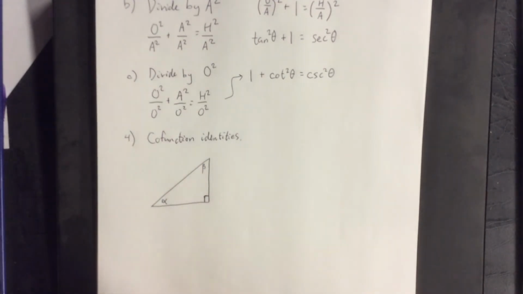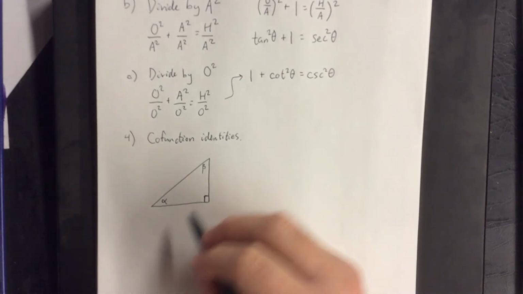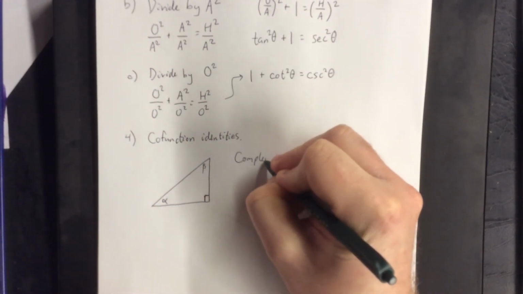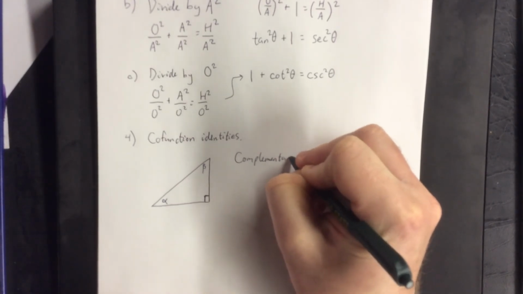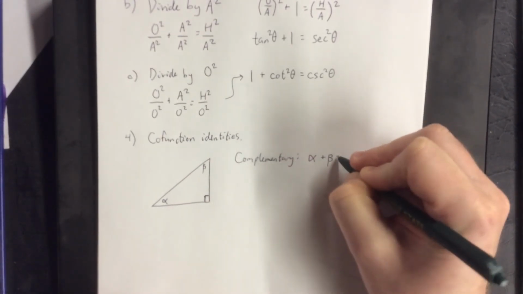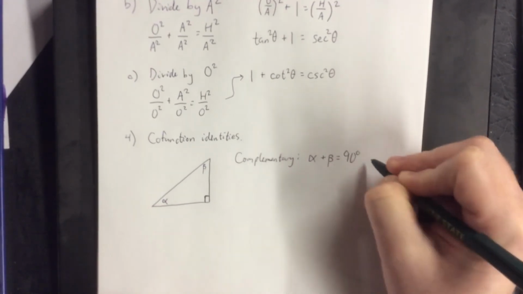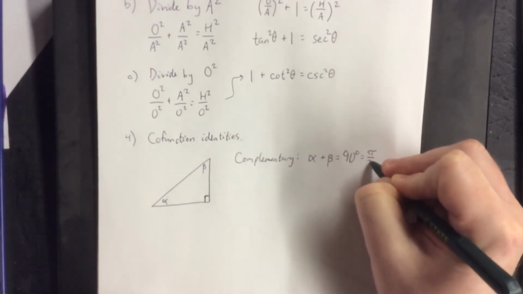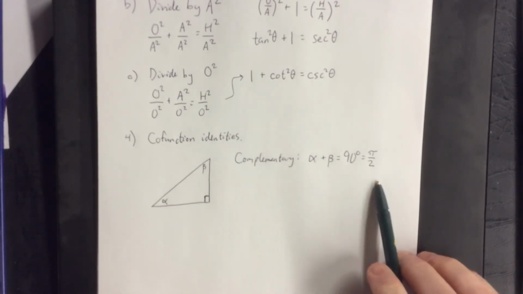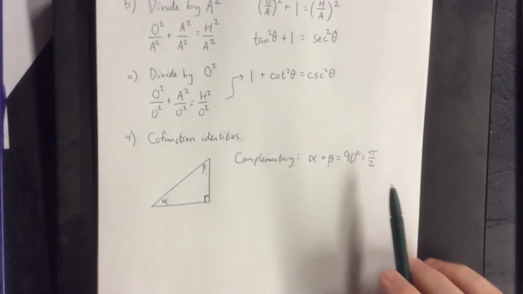I'm going to call them alpha and beta for just a moment. These angles are complementary, which is a fancy way of saying if I were to add their measures together, I would get a right angle. Working in degrees, that would be a sum of 90 degrees. Working in radians, that would be a sum of pi over 2 radians.